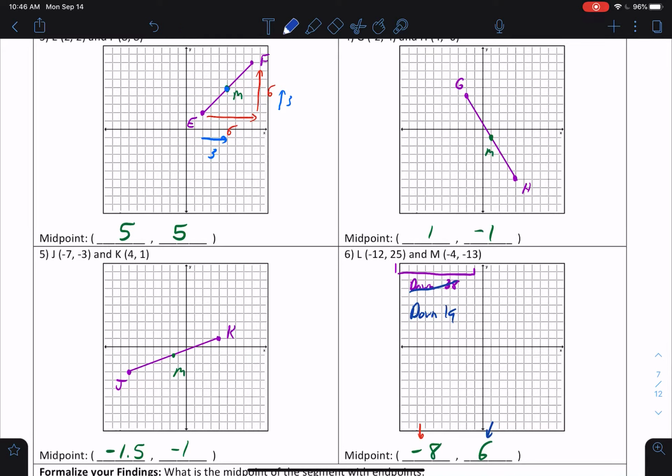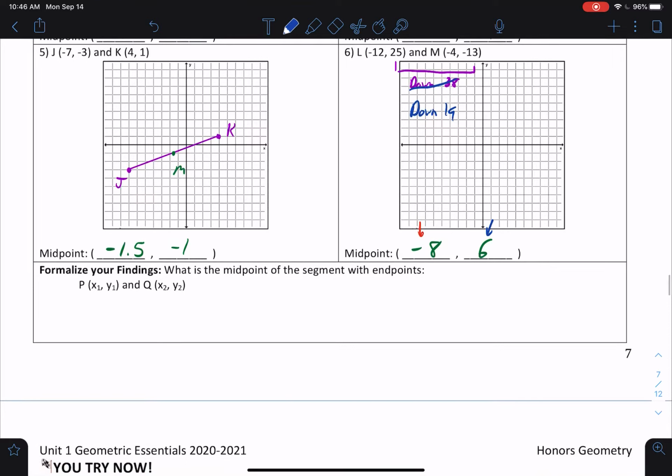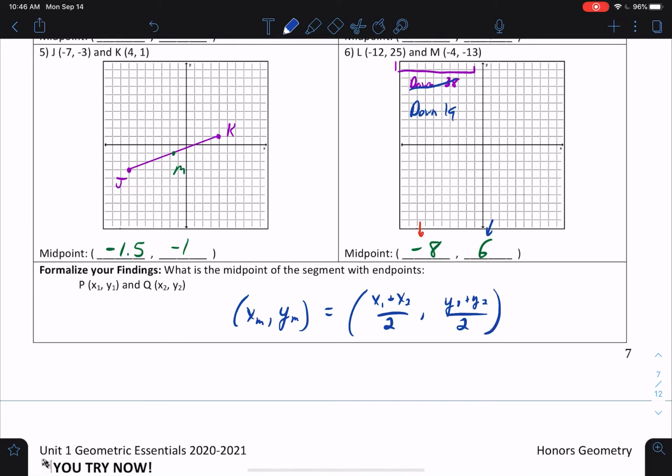Okay? So the formula for midpoint, you can think about it conceptually like that. For how you move, cut it in half. All right, that's a good way to think about it. But the formula, if you've got two endpoints, (x sub 1, y sub 1), (x sub 2, y sub 2), to get the x coordinate of the midpoint and the y coordinate of the midpoint, you are going to add together the x's and divide by 2, add together the y's, divide by 2.